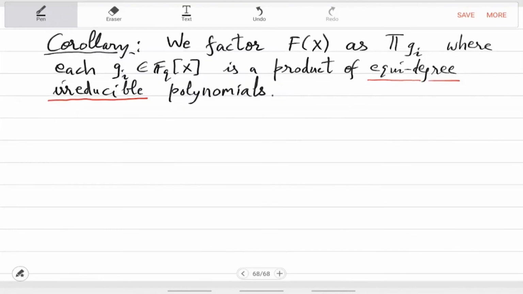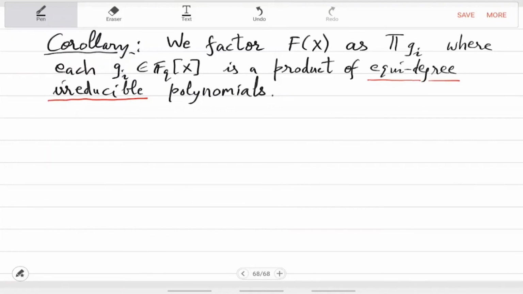So again, the big F will be actually factored into clusters. Each cluster will have equidegree irreducibles as their factors. This you do by, whenever you find a non-trivial GCD, you remove that from big F by dividing. That's a single division, and you proceed with the quotient in the for loop.